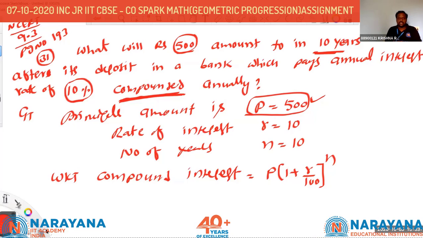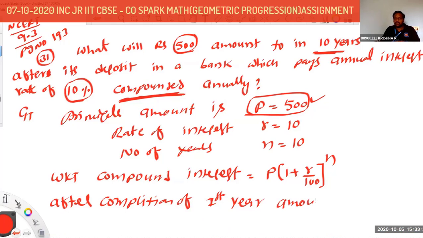After completion of the first year, what is the amount? It is 500 into 1 plus R value 10 by 100 whole power n. One year completed, so power 1. So 500 into 1 plus 10 by 100.